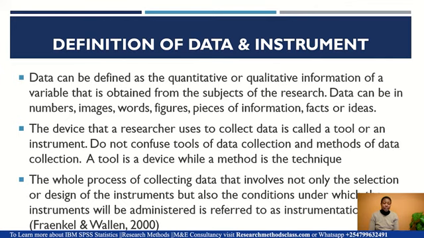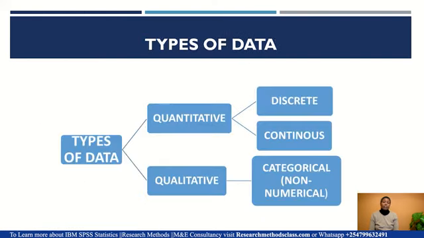So having looked at the definition of data, the definition of an instrument, and instrumentation, then we move to the types of data. From our definition, we have said that data can either be quantitative or qualitative. So this figure summarizes for us the types of data, though we are going to discuss them in detail.